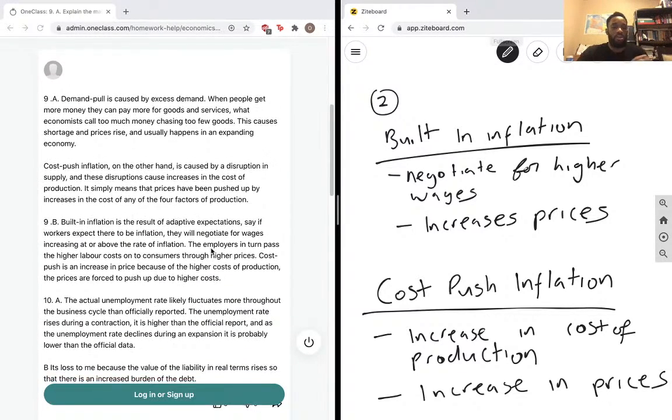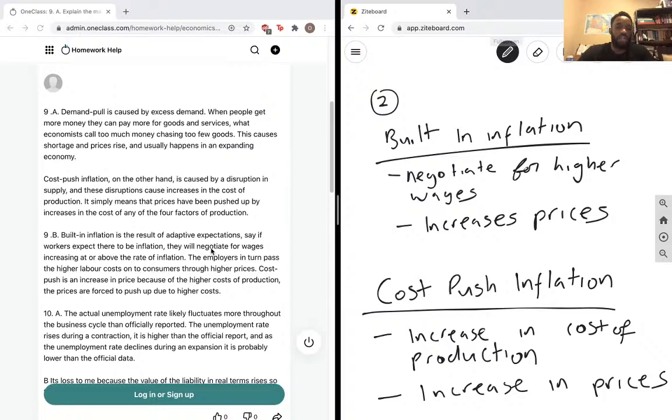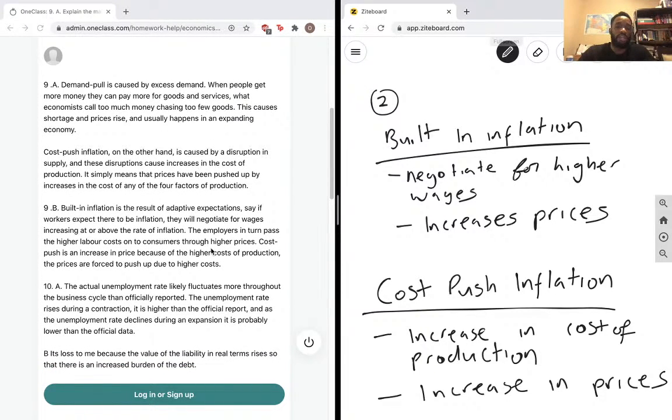So that basically just tells us that the unemployment rate is sometimes overstated and sometimes understated. So when there's a contraction, the unemployment rate is probably understated, and when there's an expansion, the unemployment rate is probably overstated.